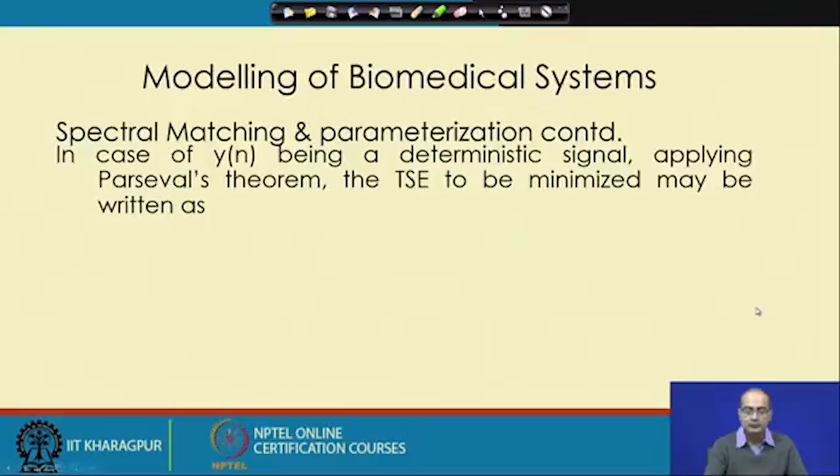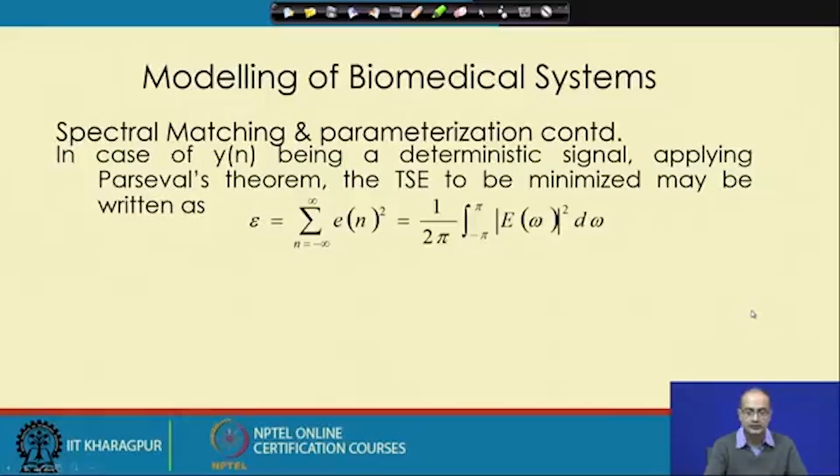So, we can treat that as a deterministic signal, and using Parseval's theorem, the total squared error should be the same in the time domain as well as the frequency domain. So, we can write eta, the energy of the error in the time domain, as the same as the energy of the signal in the frequency domain.